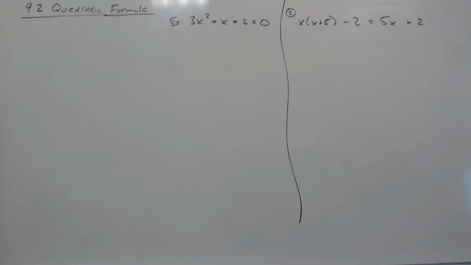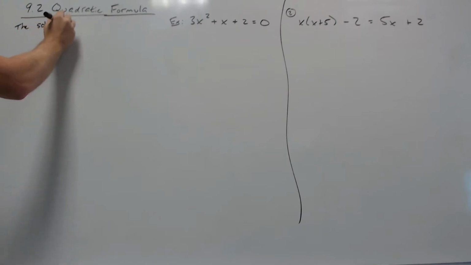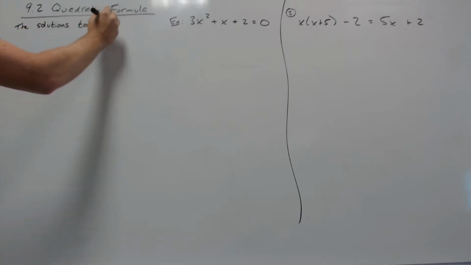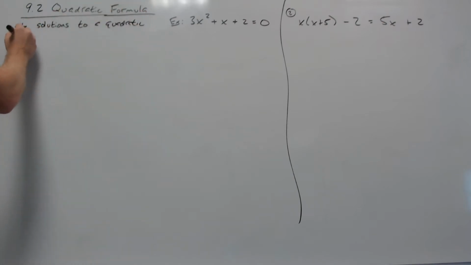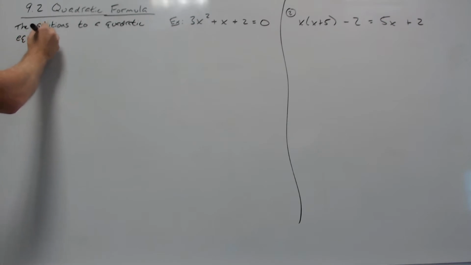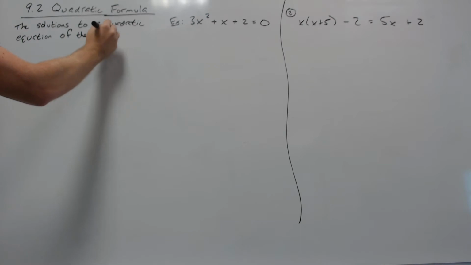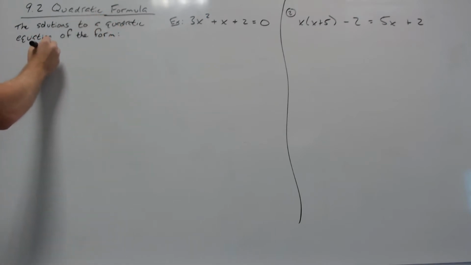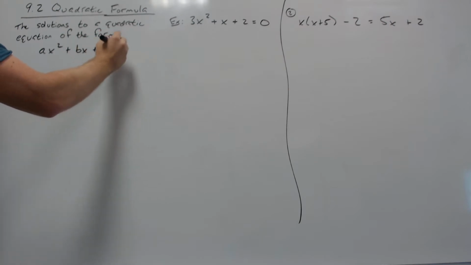So in order to use the quadratic formula, well, let me write down the quadratic formula first. The solutions to a quadratic equation of the form ax squared plus bx plus c equals 0.